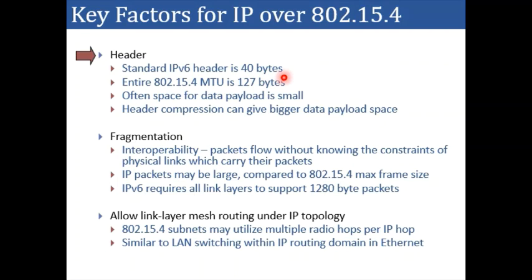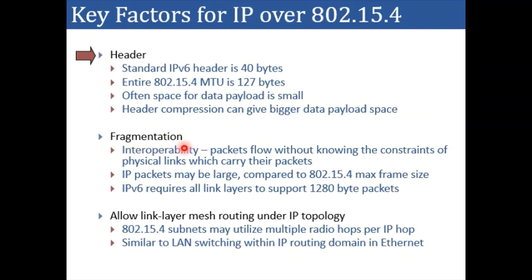The IPv6 header is 40 bytes, while we know that the entire 802.15.4 MTU, that is maximum transfer unit, is 127 bytes. So if we use the full IPv6 header, we will have very little space for data payload in 802.15.4. So what we can do is utilize a header compression technique so that a larger data payload can be utilized.